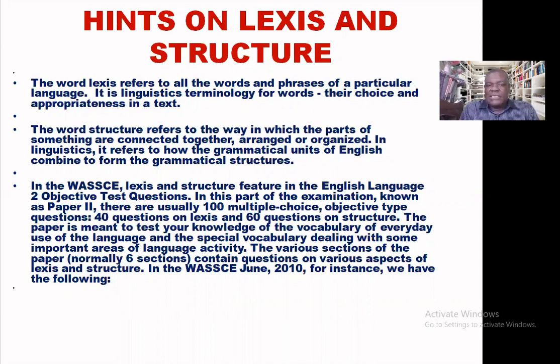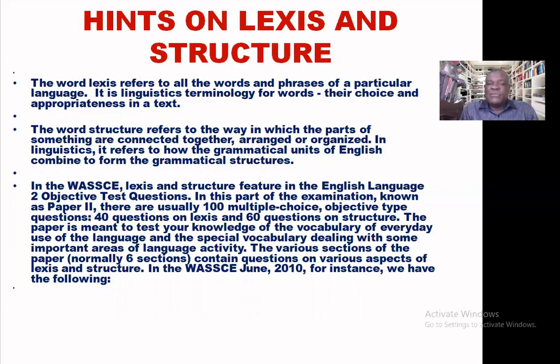In the WASSCE or NECO, lexis and structure feature in the English language 2 objective test questions, which is what we are looking at. In this part of the examination, known as paper 2, there are usually 100 multiple choice objective type questions, 40 questions on lexis, and 60 questions on structure.